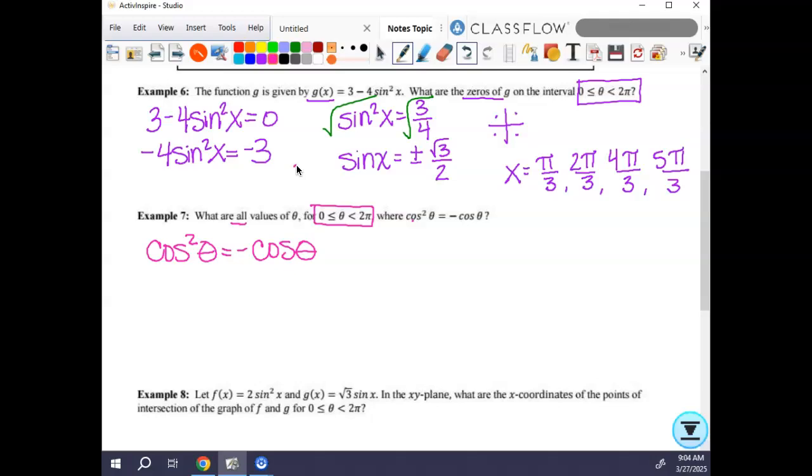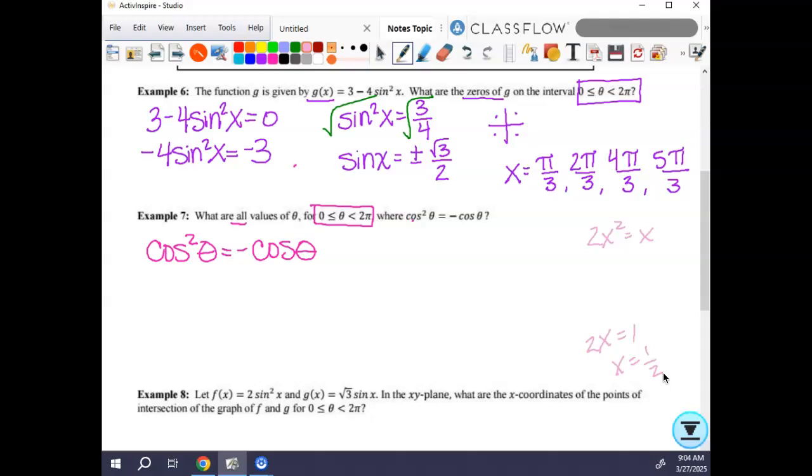So let me take you back to something with x's. If I have 2x squared equals x, okay? If I divide both sides by x, that would give me 2x equals 1, so x would equal 1/2, okay? Seems legit, like it would work, right?